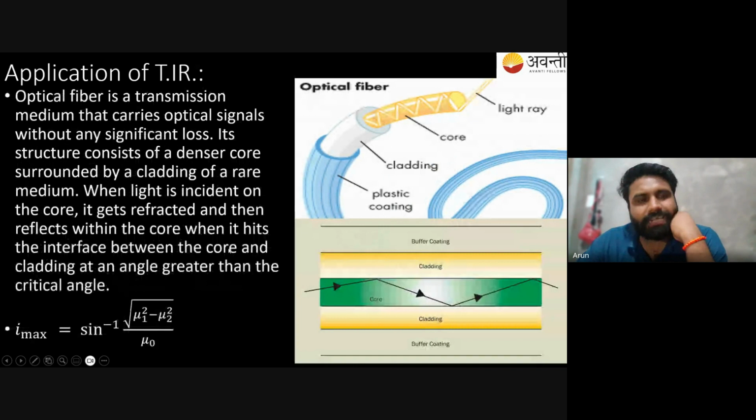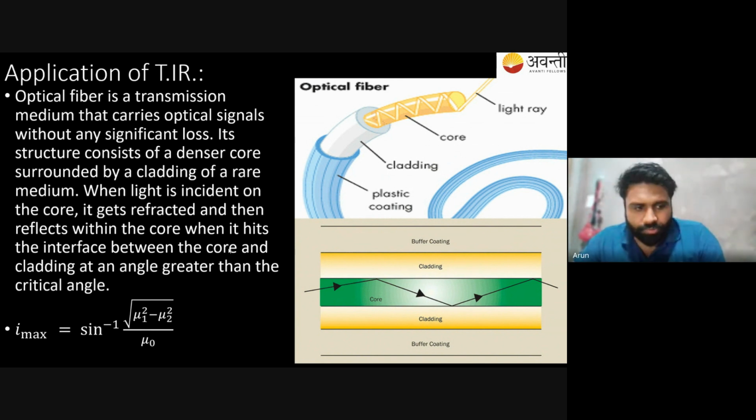The next application of TIR is the optical fiber. I have assumed that you have some knowledge of it, that you have heard about it, like Jio Fiber, which also works on the optical fiber basis. So what is an optical fiber? Optical fiber is a medium of transmission.